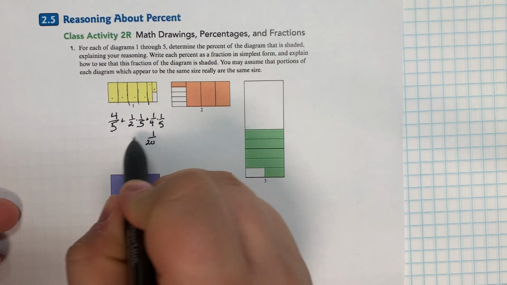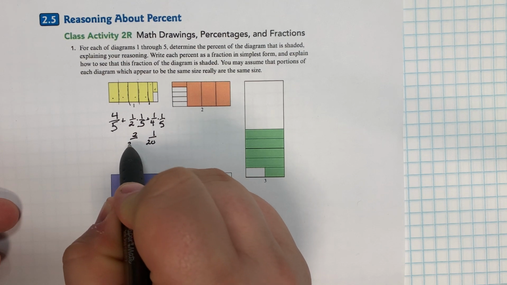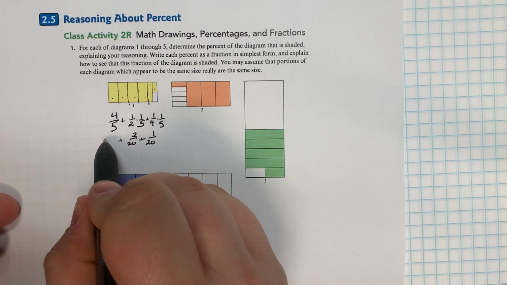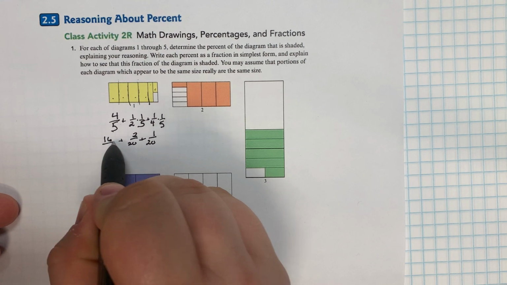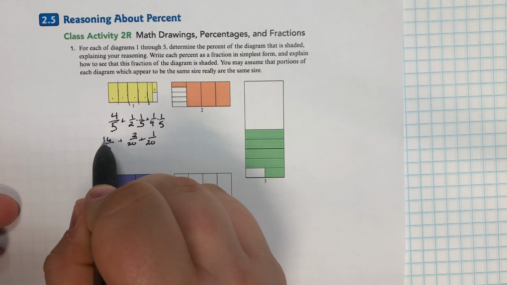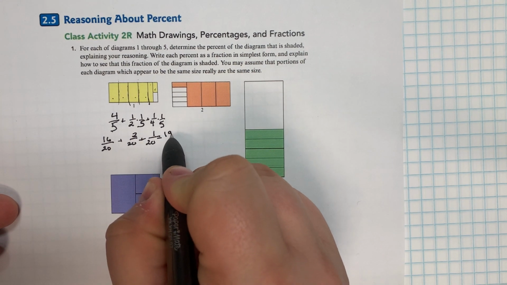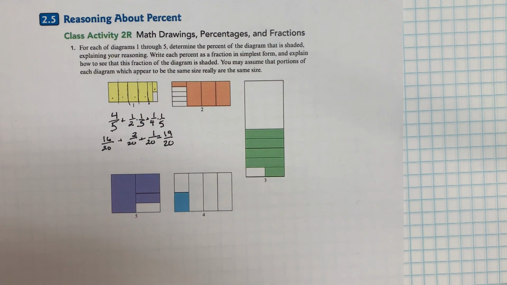And so here we have 1/10 or 2/20ths. And 4/5 is the same as 16/20ths. So there's 16, 17, 18, 19/20ths.